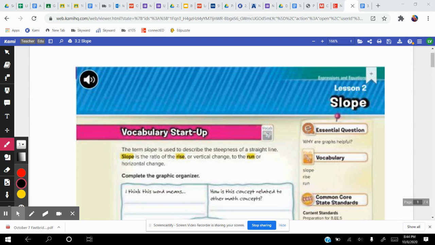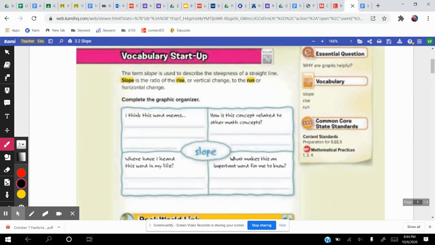Let's complete the graphic organizer. The word slope. I think this word means downward or slant. How is this concept related to other math concepts? It is a ratio. Where have I heard this word in my life? Maybe to describe a roof or hillside?